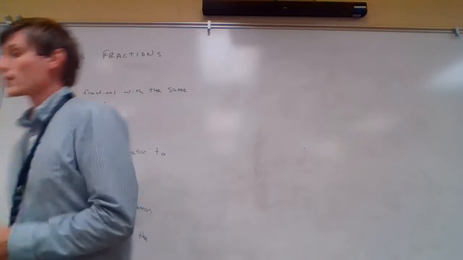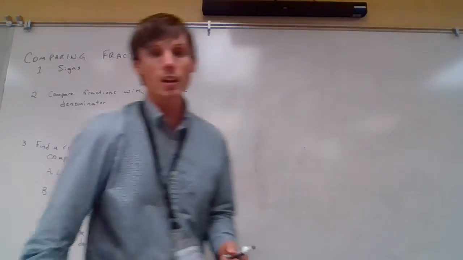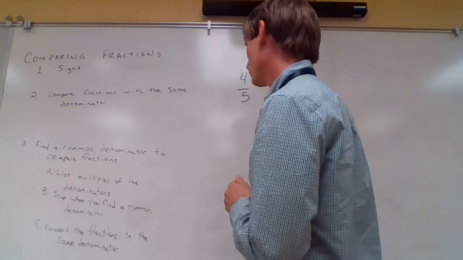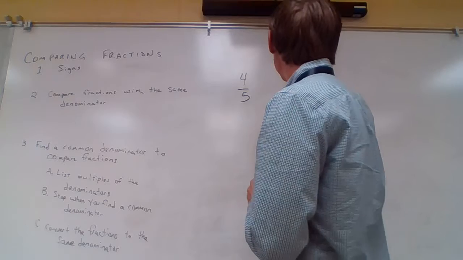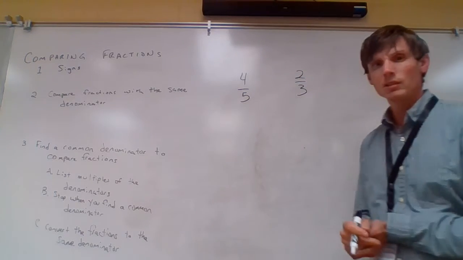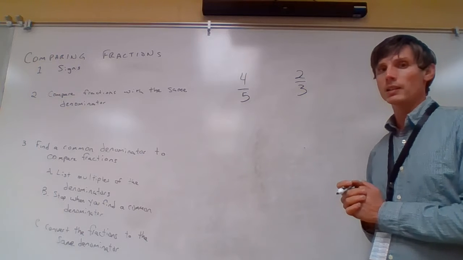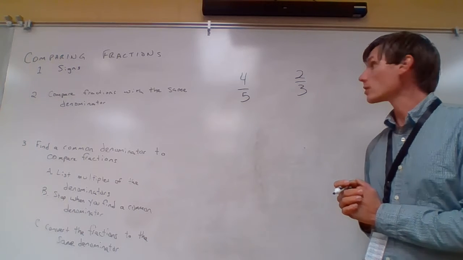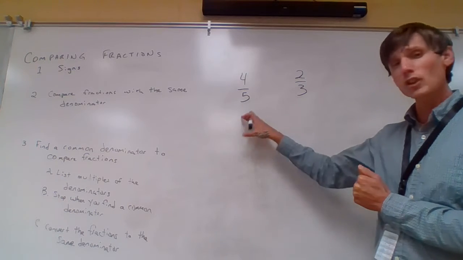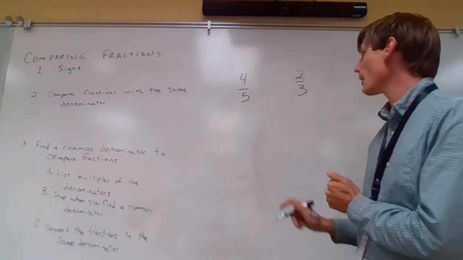Okay, so let's say two numbers like 4/5 and 2/3. Okay, once again, maybe you can tell, maybe not, which fraction's larger. So one way to do it is to get that common denominator. So first, let's list our multiples of each of these denominators.